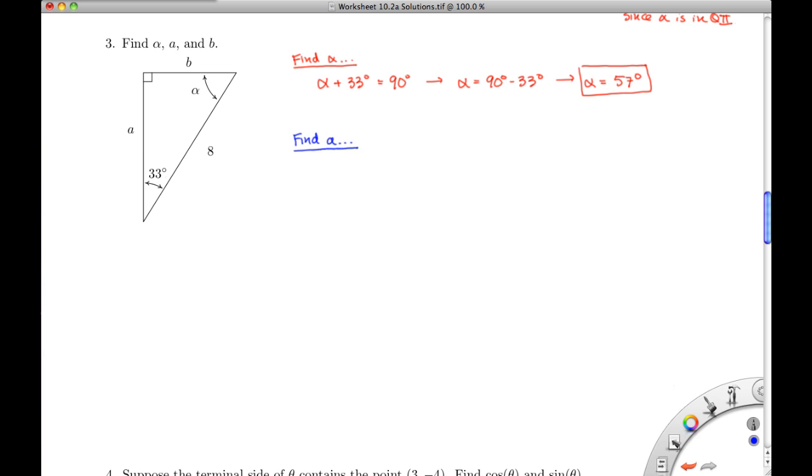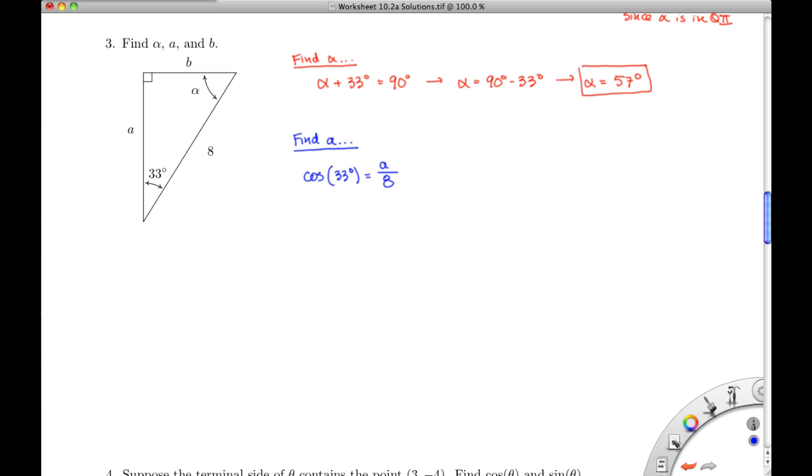Well, we could connect 33 degrees and side A using the cosine function. So we know that the cosine of any angle is the adjacent side divided by the hypotenuse. So the cosine of 33 degrees would have to be equal to A, the adjacent side, divided by the hypotenuse, 8.